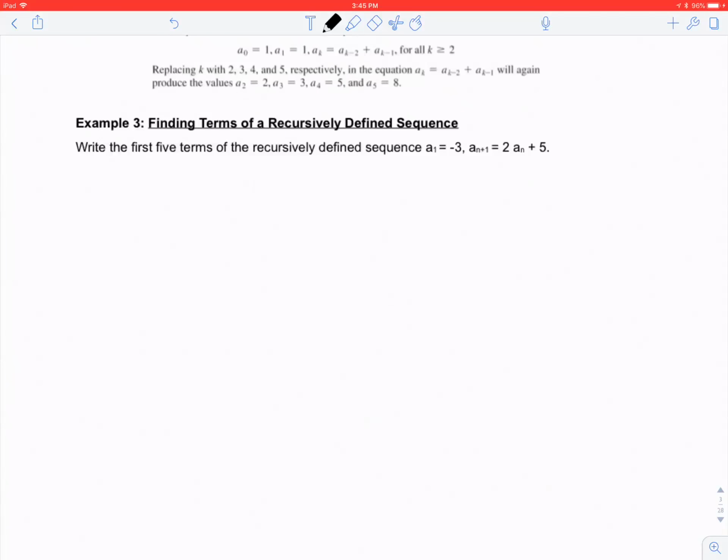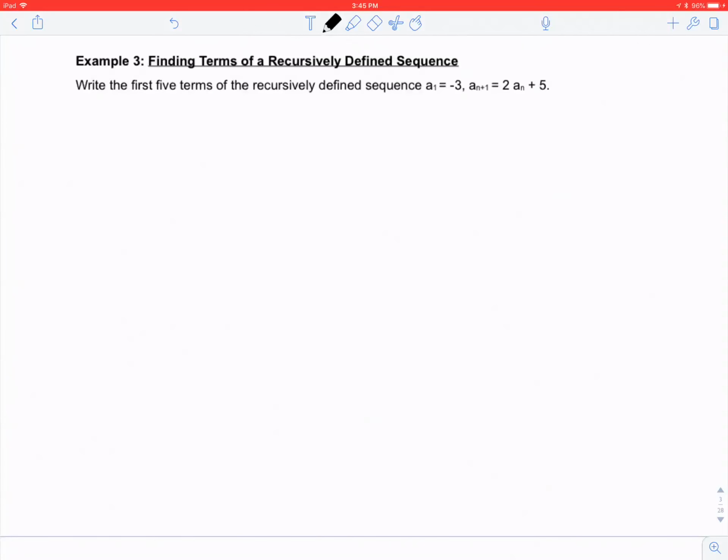So if we're looking at this example, it says write the first 5 terms of the recursively defined sequence. So we want the first 5 terms. Now I think A1 is given as negative 3. Then A2, if we use the formula, is going to be 2 times the previous, which is 2 times A1 plus 5.